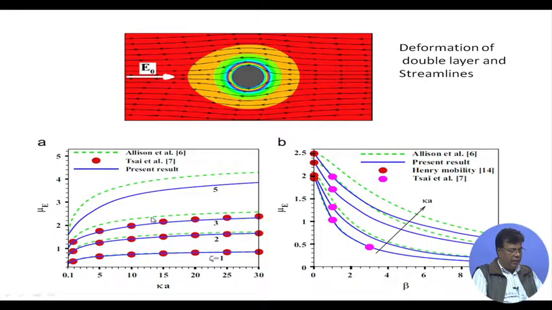So, we find a large deviation, particularly when zeta is large, and also this is the mobility versus the permeability beta. The mobility is large when the permeability is high. That is, beta is low means permeability is high, because beta was defined as A by L. So, L is large if beta is low.